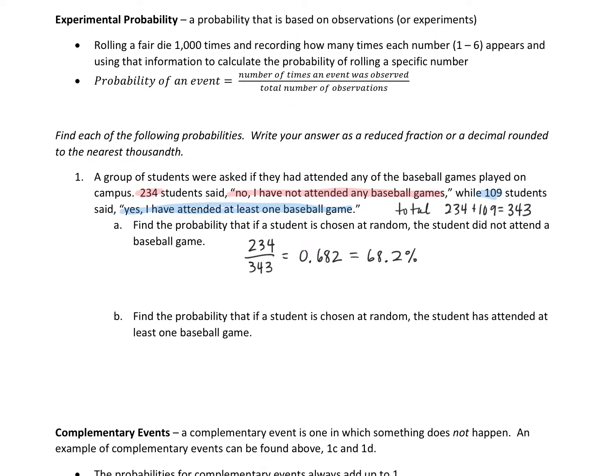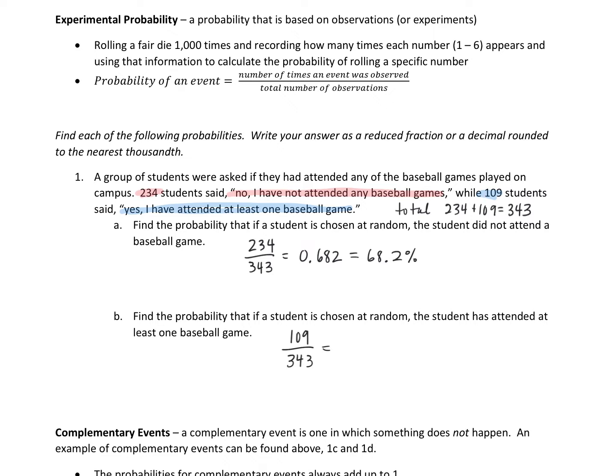attended a baseball game. All right, part B, find the probability that if a student is chosen at random, the student has attended at least one baseball game. So that's 109 said that they had attended a game out of the 343.